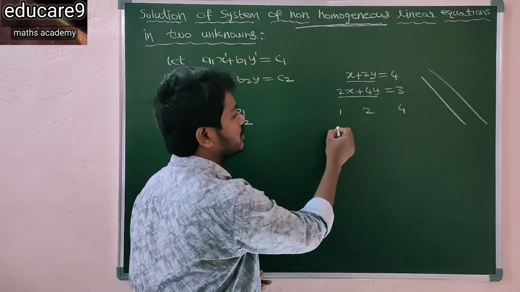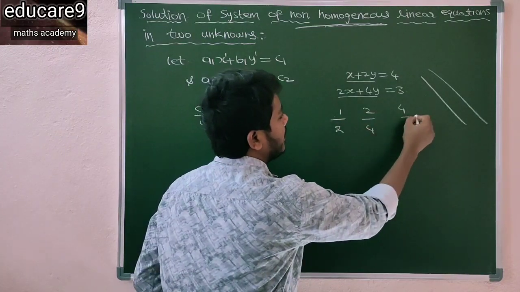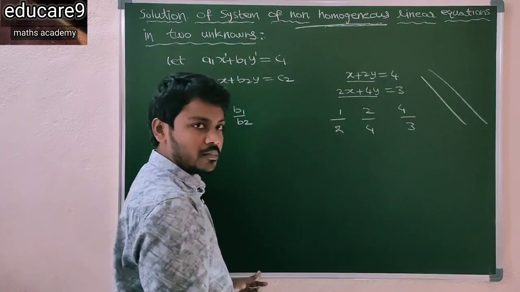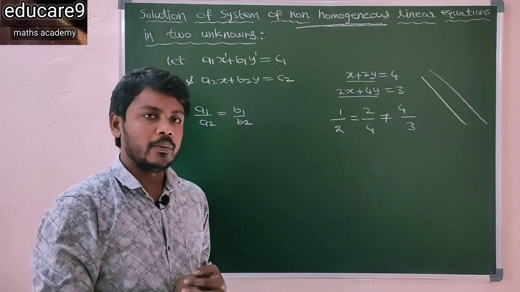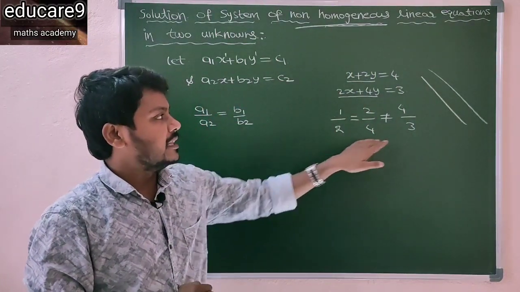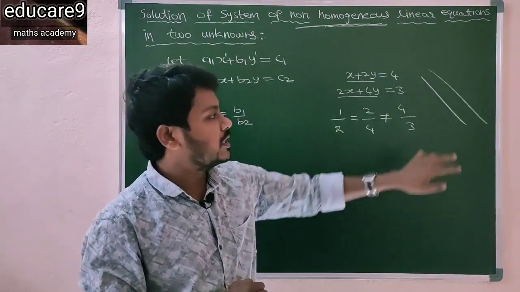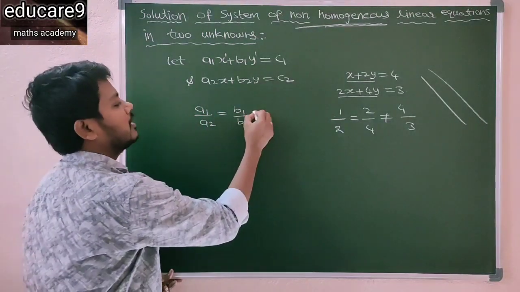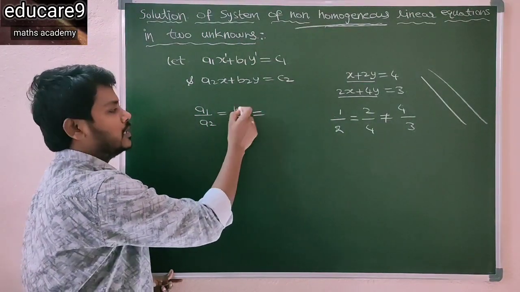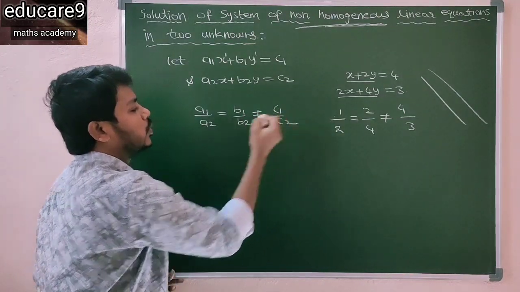Here a2 is 2, b2 is 4, c2 is 3. So clearly a1 by a2 is equal to b1 by b2, which is not equal to c1 by c2. In this case, the two lines are parallel, so they do not intersect.